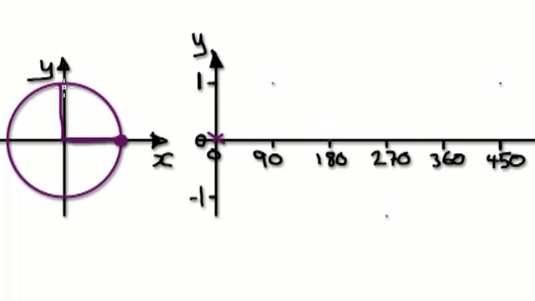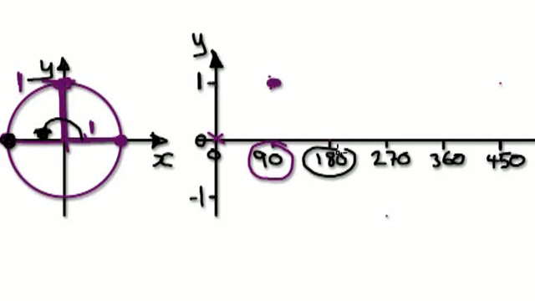When it's at 90, the height will be 1, because it has a radius of 1. At 180, the height is 0, so it's here.